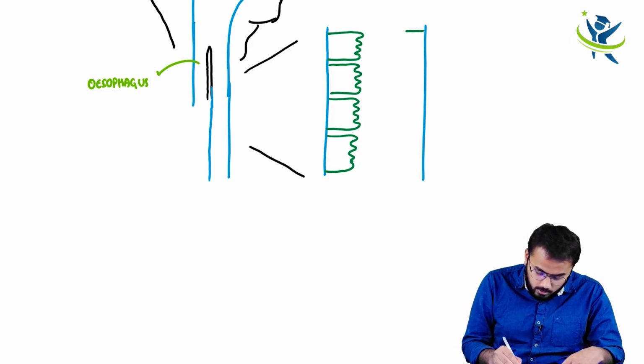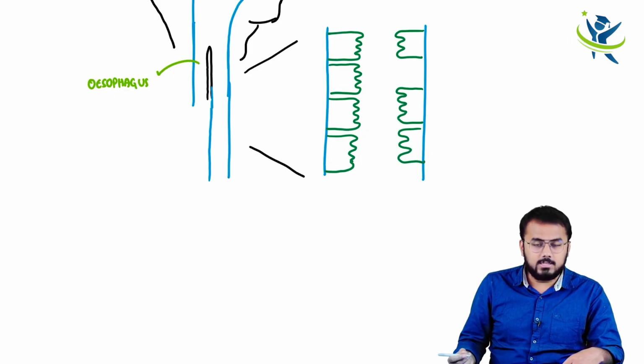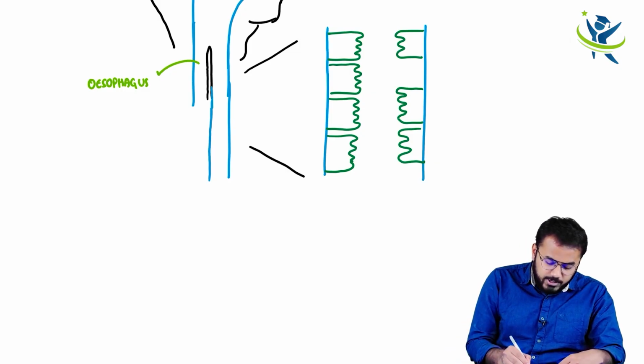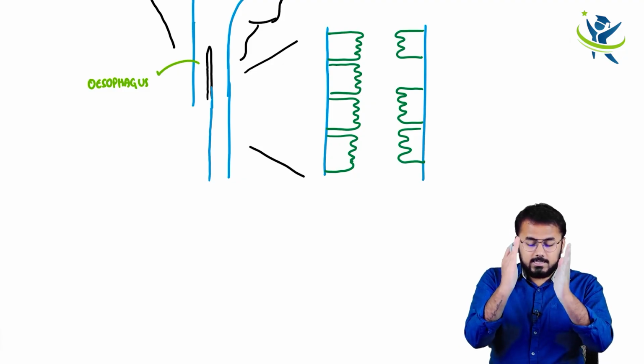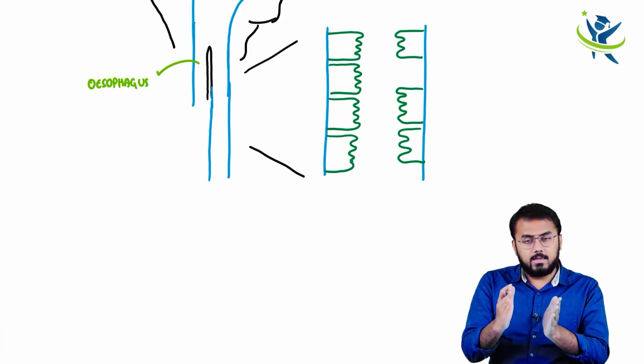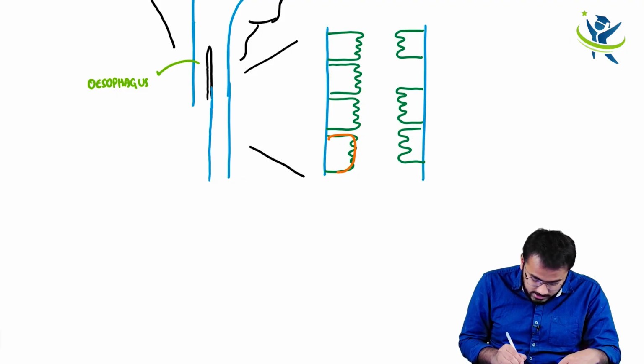Let me draw a couple of them on both sides. Another important thing is that you also have some specialized cells in between these respiratory epithelial cells in the trachea. Remember, this is a trachea picture which I have drawn.